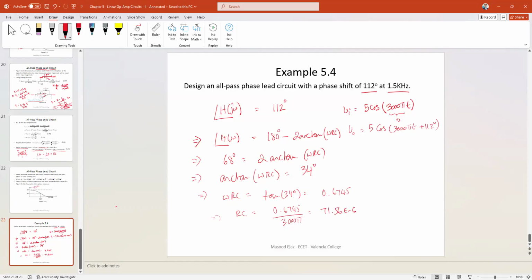So we do not know R, we do not know C, of course. But you have to choose one of the values and calculate the other value. Generally, the recommendation is to choose the capacitor value, since there are limited values of the capacitor in your electronic components kit. Choose a value that is common.